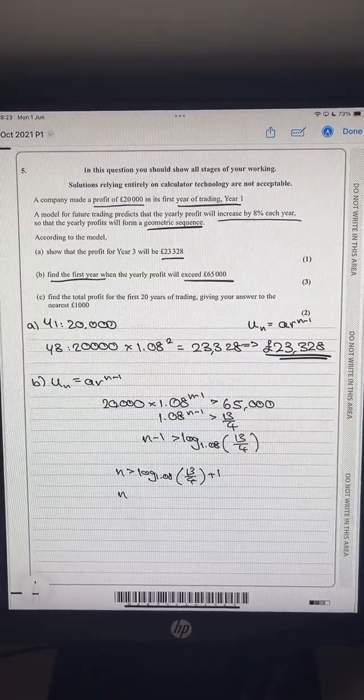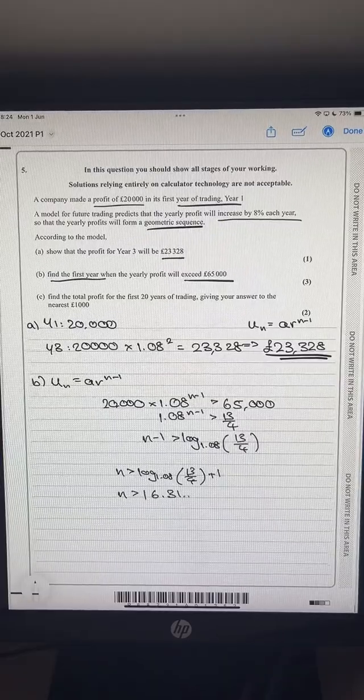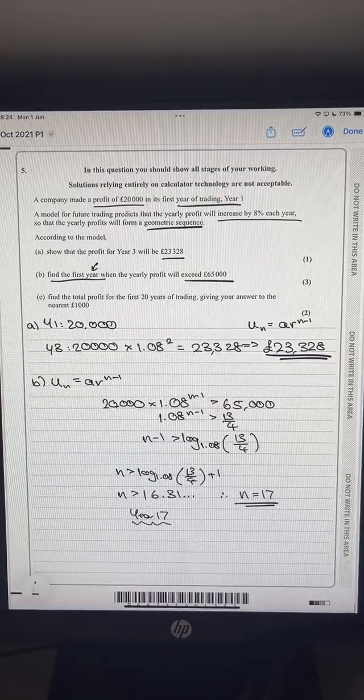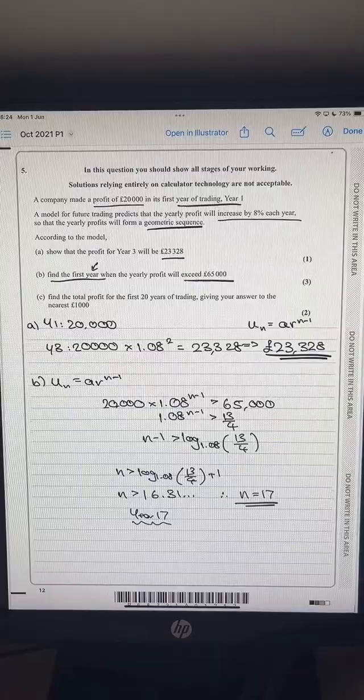And then if I put this into my calculator, I get 16.31, blah, blah, blah. So n is going to be greater than this value. We need the first year, so we need an integer. So therefore, n is going to be equal to 17. So the year is year 17. And that is my answer to part B.